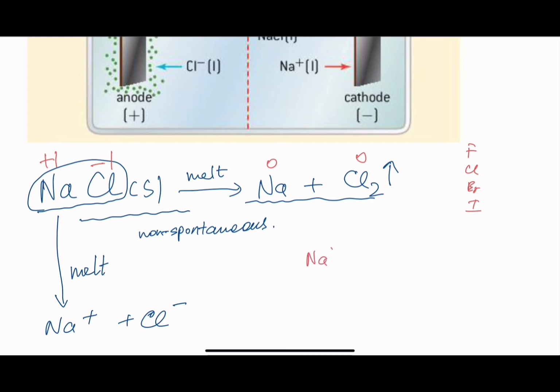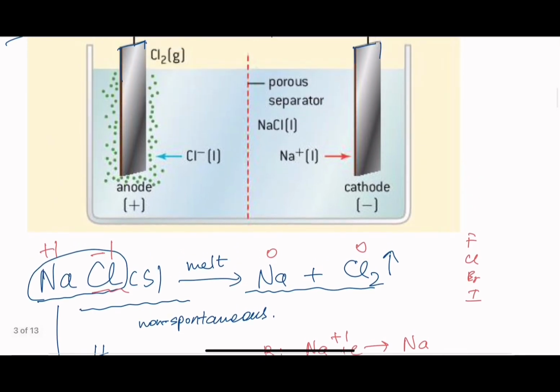So if you write this, sodium +1 goes into sodium, you need to add 1 electron in here. So this is reduced, and then oxidation is happening with chlorine, where you have chloride minus going and giving us chlorine 0. So you add 1 electron here where we lost it, this is where the oxidation happens. We had chloride ion and positive sodium ion in liquid form because it's melted, right?